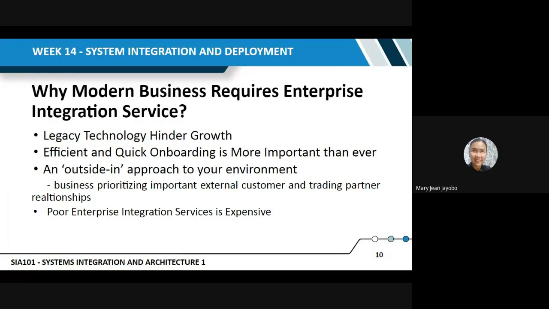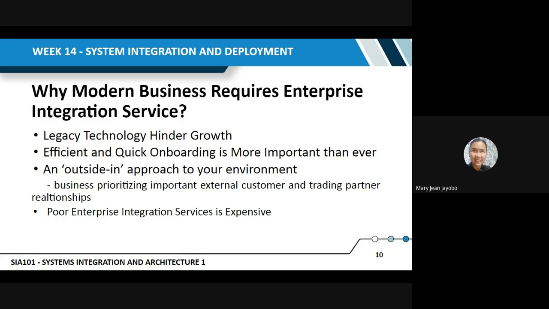So the goal here is to rationalize the important business-to-business applications integration into a single platform to ensure reliability and simplify maintenance. The solution lies in embracing the enterprise integration platform to consolidate and streamline the data interactions among the entire ecosystem of the business.